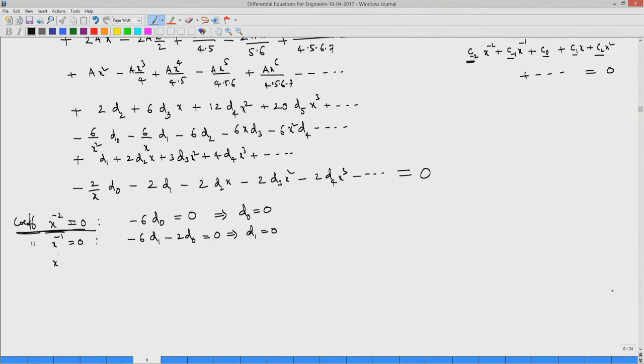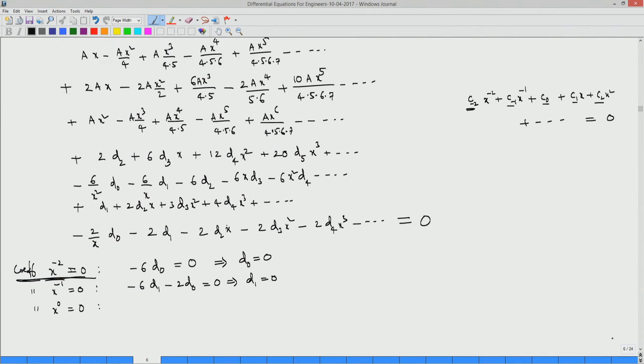Then make the coefficient of x power 0 equal to 0. What do you get? Where is the constant term in each of these 7 series terms? So you have 2d2, minus 6d2.